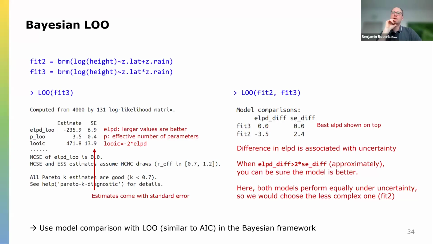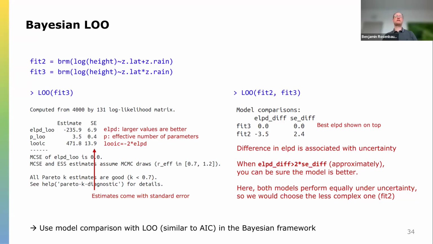The rule of thumb is you should only choose the more complex model if the difference is more than 2 standard deviations. The LOOIC value is a bit better, however, there's some uncertainty involved, and I cannot be 100% sure that this model is actually better. So again, for the principle of parsimony, I would choose the less complex model, because there's not 99% or 100% evidence that the more complex model is to be preferred.